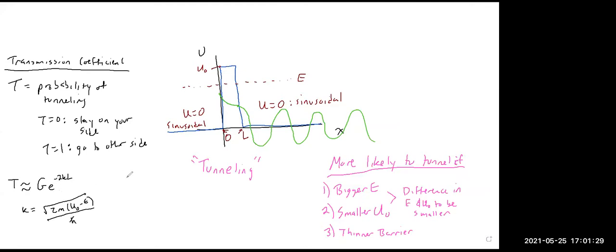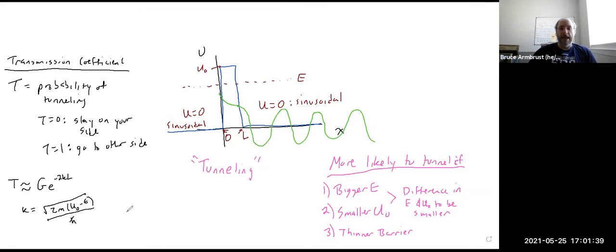What if the energy of the particle is the same as the energy needed to go over? Okay, so if that's the case, we can still calculate what the transmission coefficient is going to be.